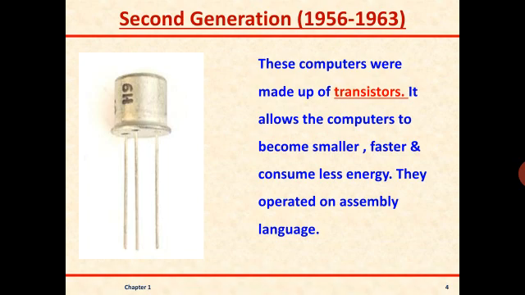Earlier, the first generation was working on machine level language, but now the second generation works on assembly language. It is a language which helps the computer understand instructions and perform calculations accordingly.